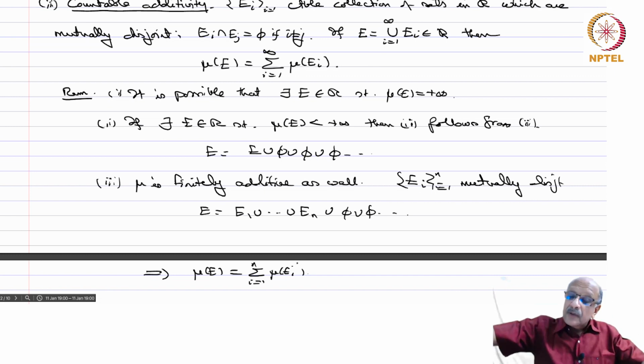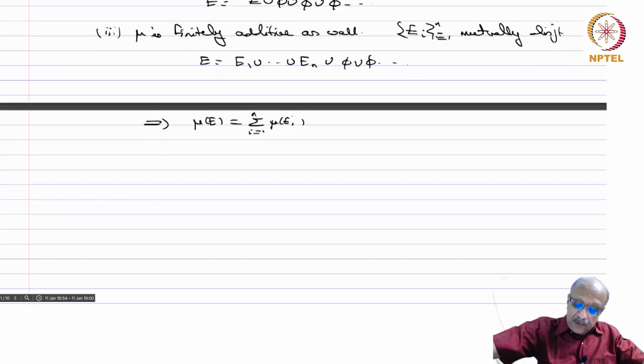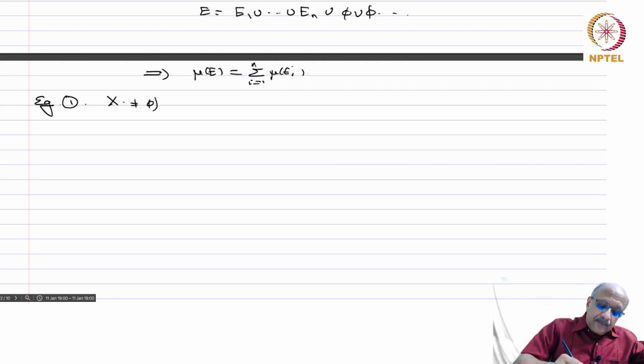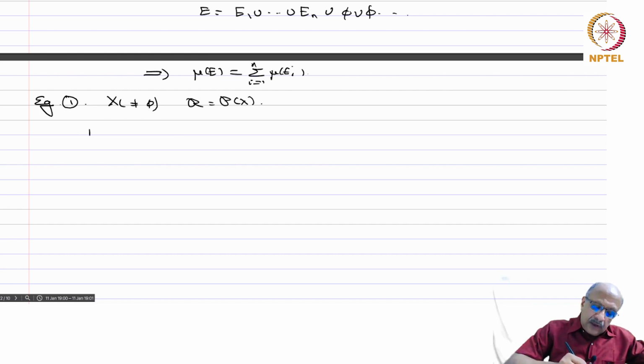So now it's time to give some examples. Example 1. X is any non-empty set, and R is the power set of X, all subsets. So you then define mu of E as follows.